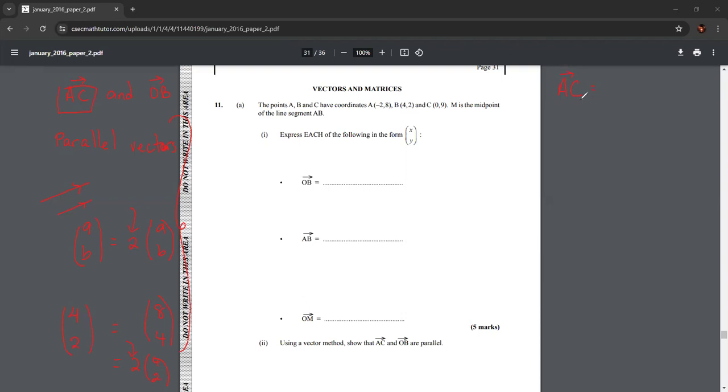We're going to use what we have, so I'm going to break this up and go the longer way. I'm going to move from A to O, and then from O to C. So we're going from A to O and then from O to C.